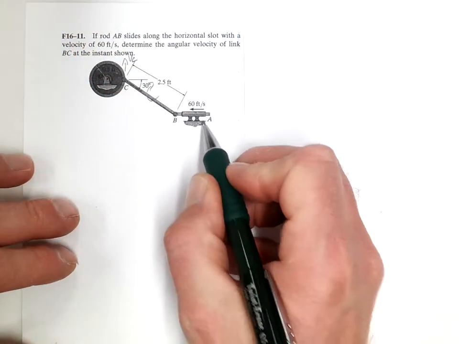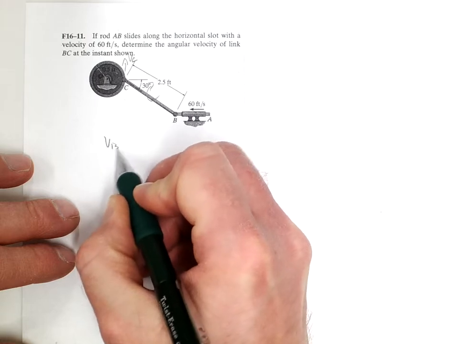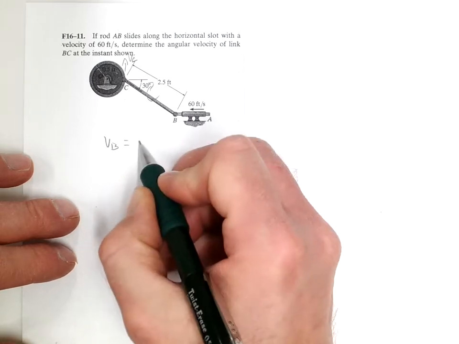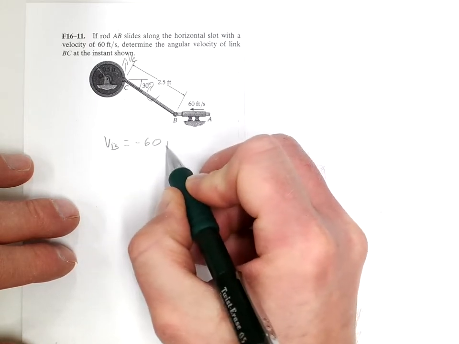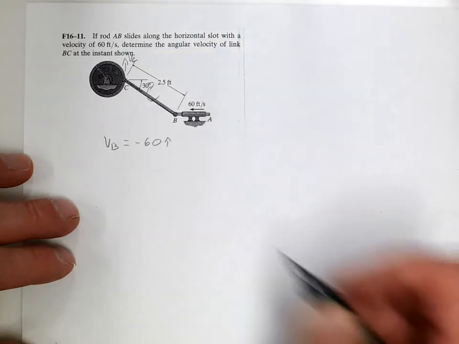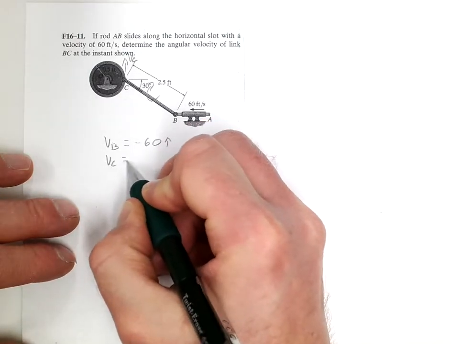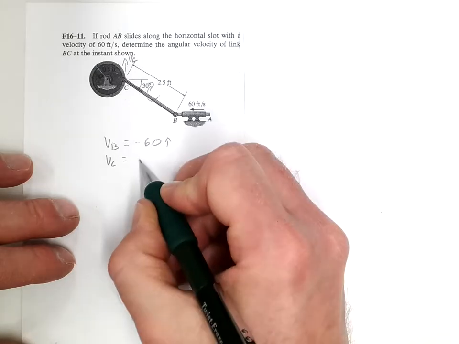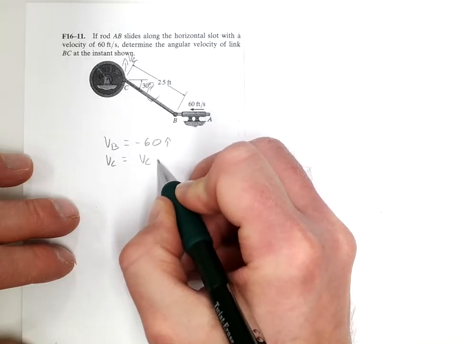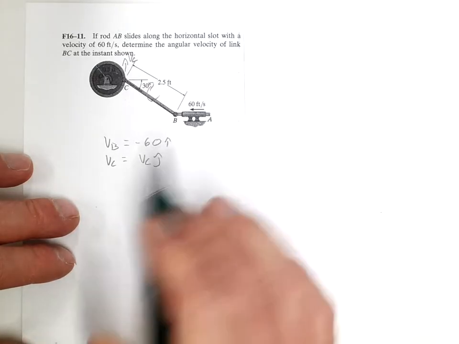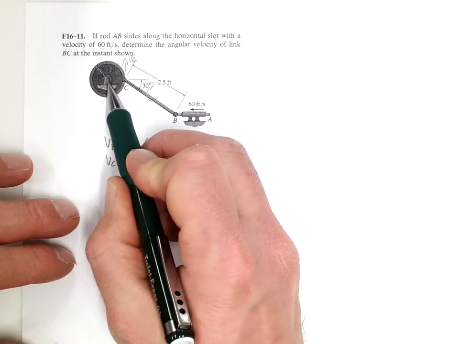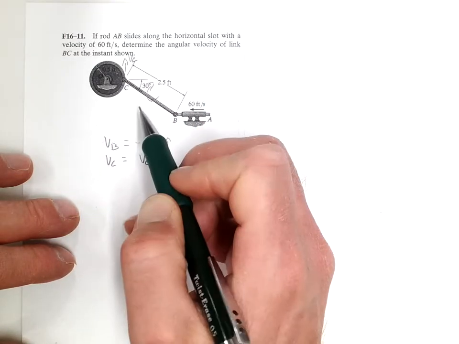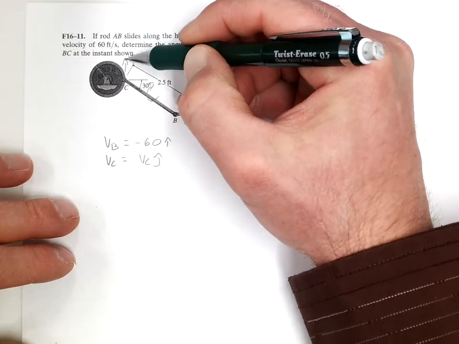So we know VB is going to be negative 60 in the I direction, and we know VC is going to be VC in the J direction because it is going up. It's nice that it happened to be straight across, because then at that point we know the velocity is straight up.